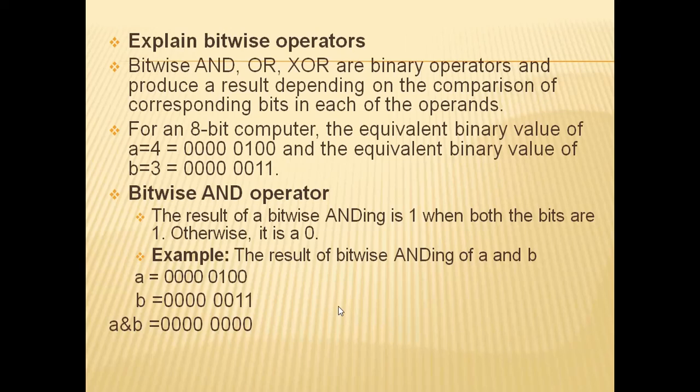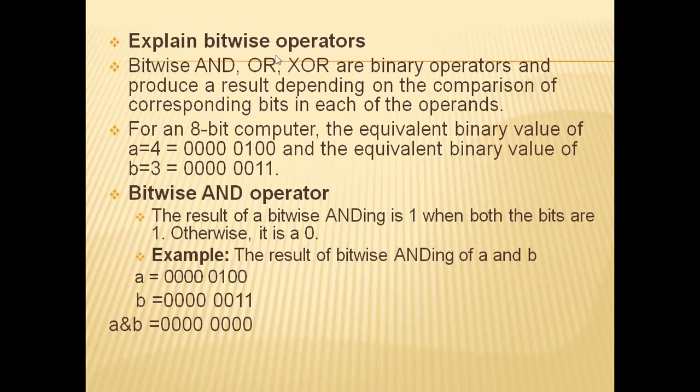And next we discuss bitwise operators. Bitwise AND, bitwise OR, and bitwise XOR are binary operators. The meaning of binary operator is nothing but we use these operators on binary values, and the result is produced depending on the comparison of corresponding bits.